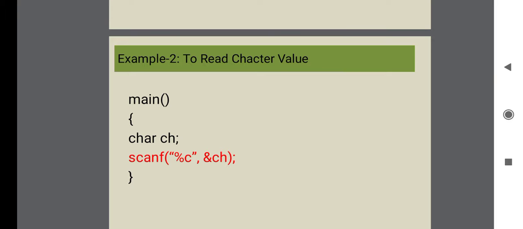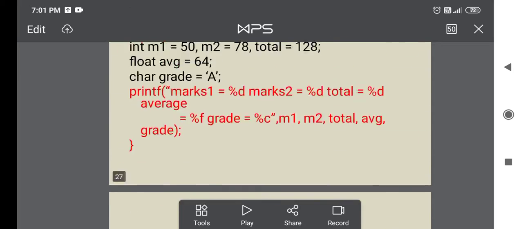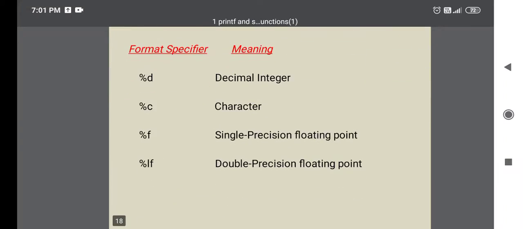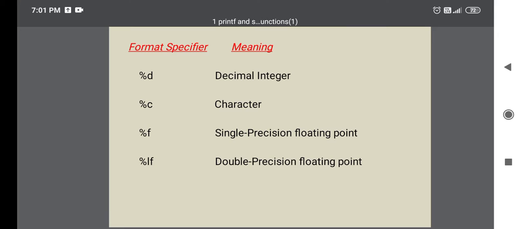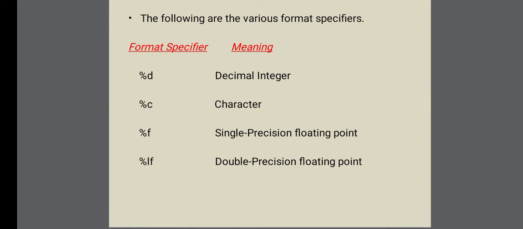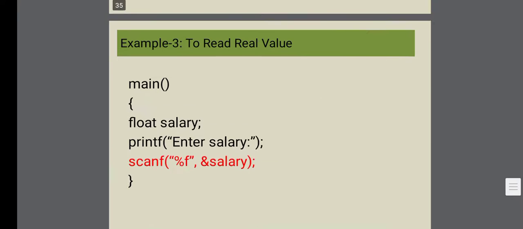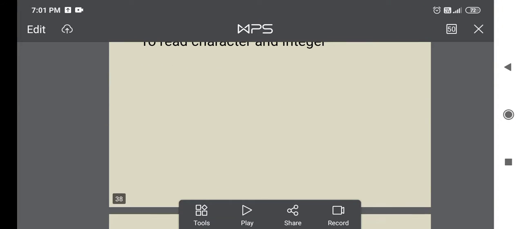What is the format specifier for double precision floating point? %lf. You can see here, for double precision floating point we use the format specifier %lf. You have to remember those format specifiers. It will be very easy for you.